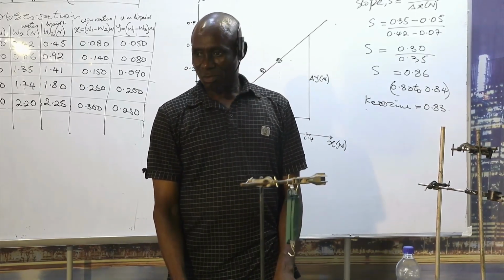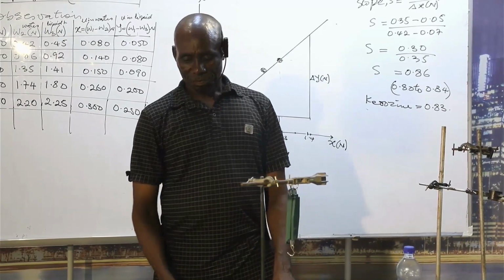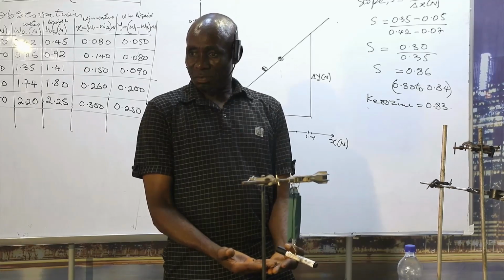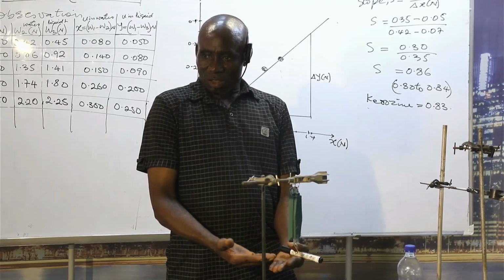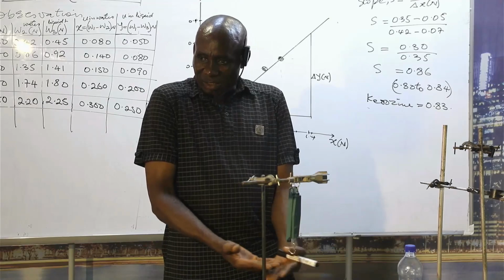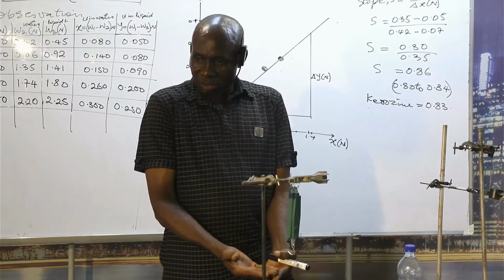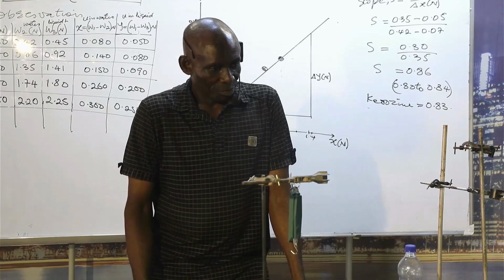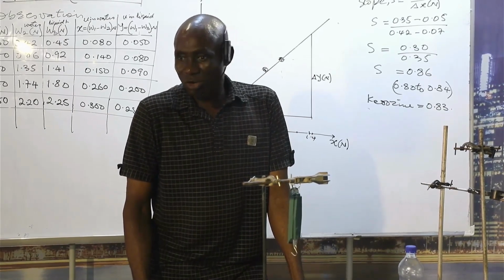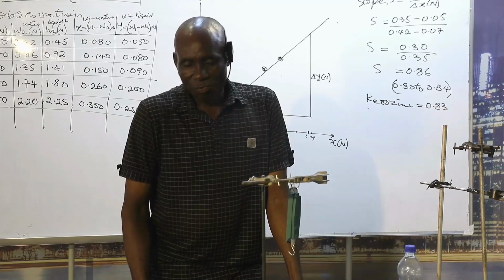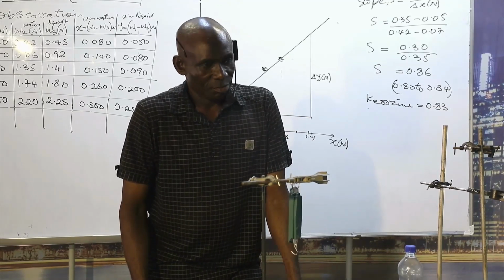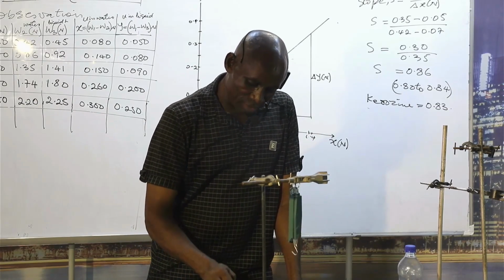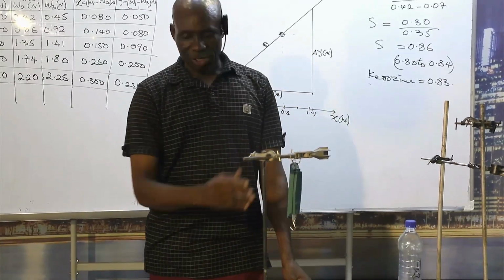Secondly, I prevented the loaded mass from touching the walls of the beaker during the experiment, for reading accuracy. Because if you allow the mass to rest on the wall of the beaker, the reading will vary.